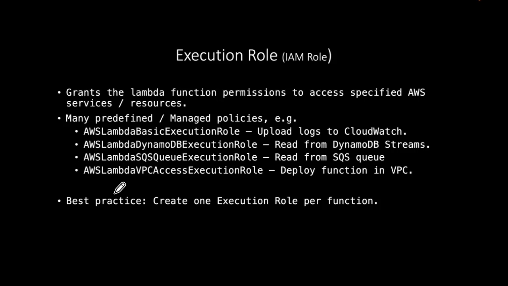It's considered not a good idea to share the same execution role. And again, an execution role is just an IAM role. It's not a good idea to share the same role across multiple Lambdas, because if you happen to want to give some extra permissions to one Lambda, you'll accidentally assign it to that shared role, and now all of the other Lambdas that use the same role will have those extra permissions. And we know that's not a good practice.